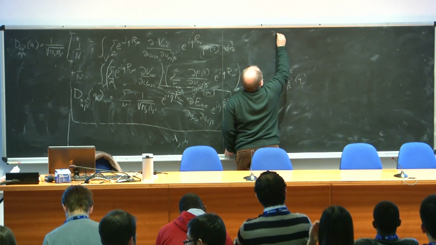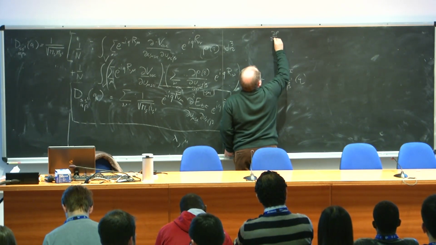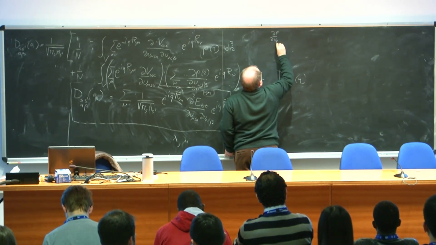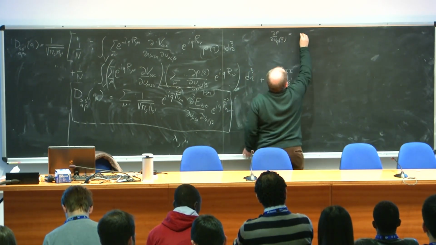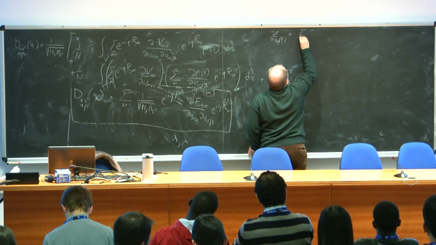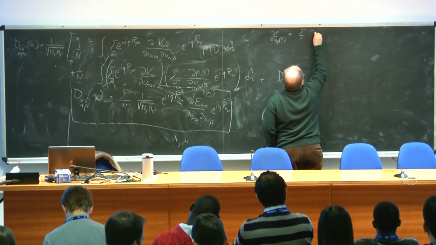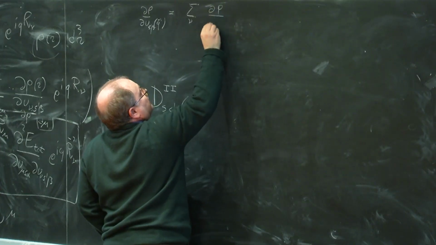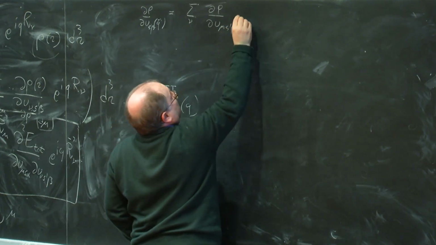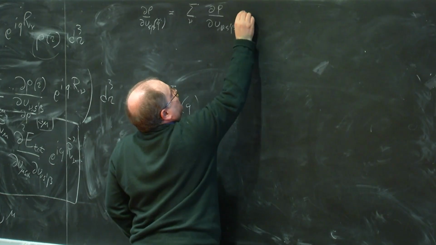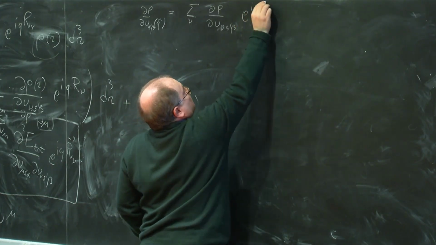So we wrote the derivative of rho over d u s prime beta of q equal to the sum over nu of the derivative of rho over d u nu s prime beta, e to the i q r nu.